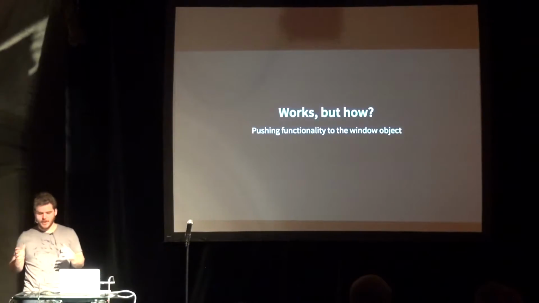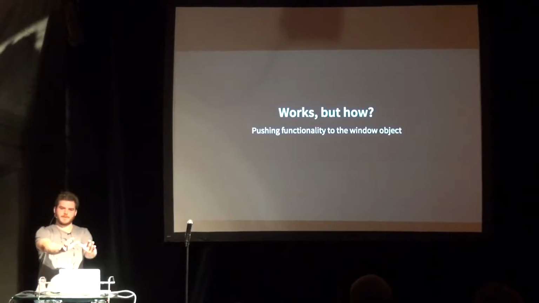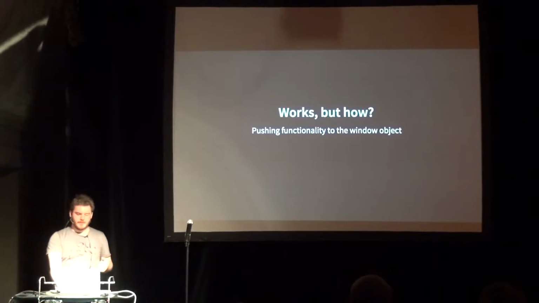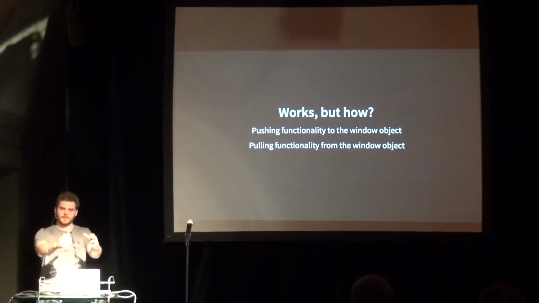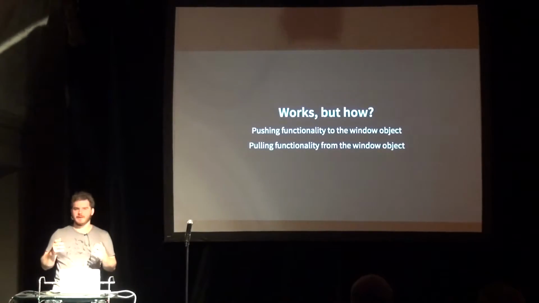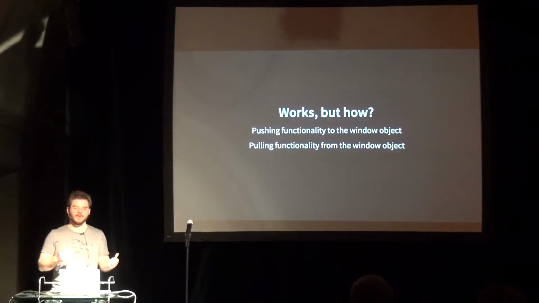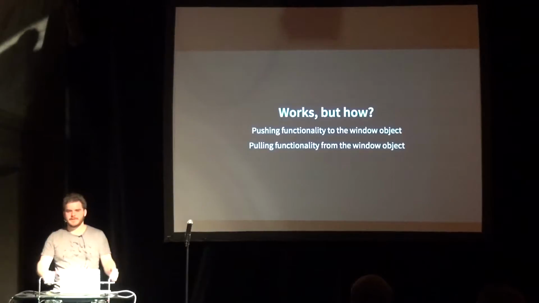So jQuery decides, these few functions might be useful to the user, so let's push them to the window object. And now the jQuery plugins load and they say, we depend on jQuery, so let's go to the window object and grab jQuery. Okay, so that's not really exporting and importing as you have in normal module systems, because we have the window object in between, but you see the pattern.